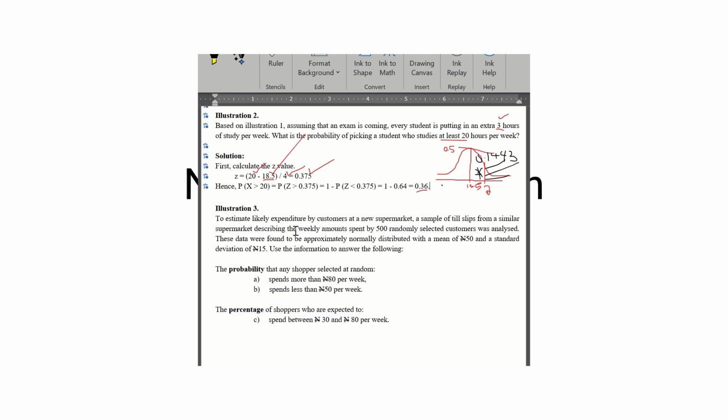Use the information to answer the following questions. What is the probability that any shopper selected at random spends more than 80 naira per week? The other one says spends less than 50, and here we have spend between 30 and 80.